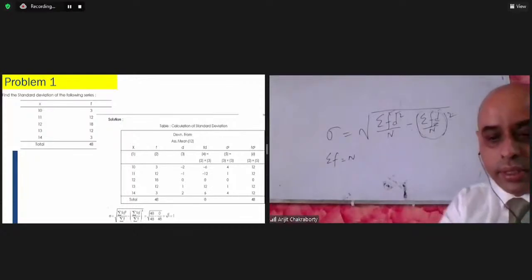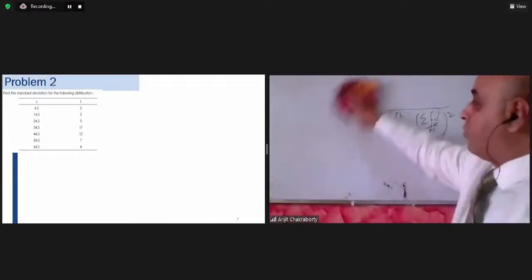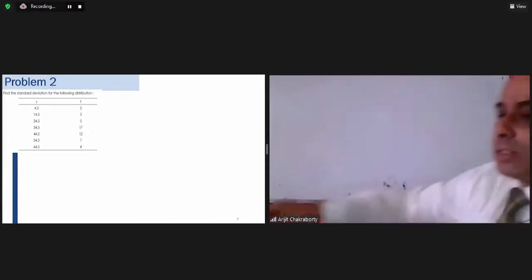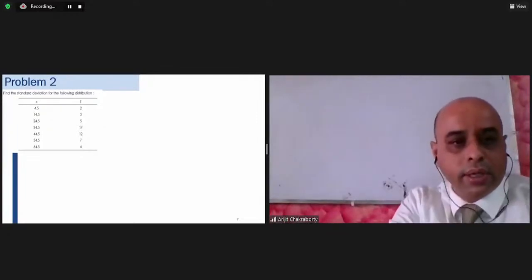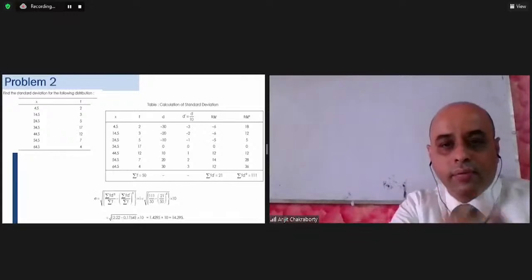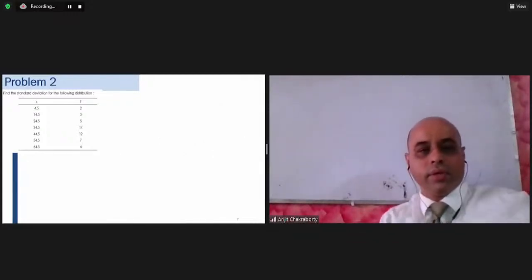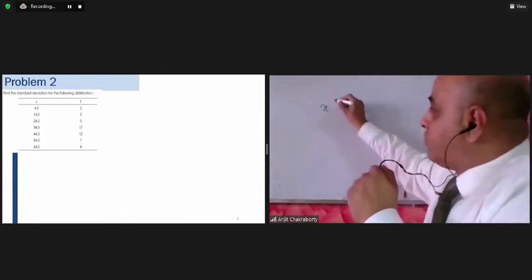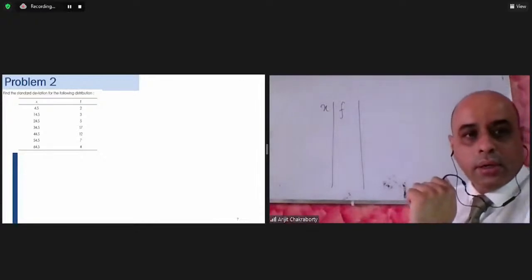Now let us take the next question and see what will be the way to solve it. What will be the answer? Let us check the process. So here let us take any of them as the assumed mean. Let us take 34.5 as the assumed mean and see what we get out of it. So x is given, f is given, 4.5 till 64.5.